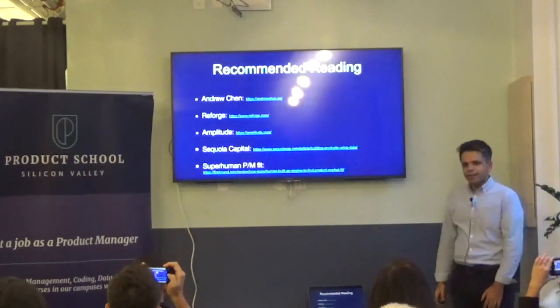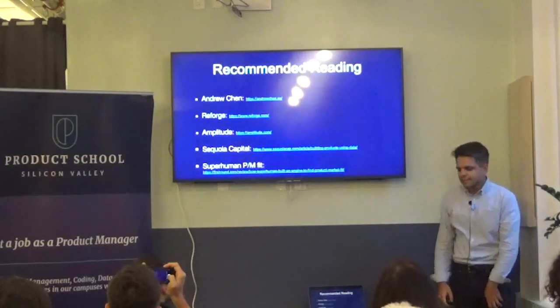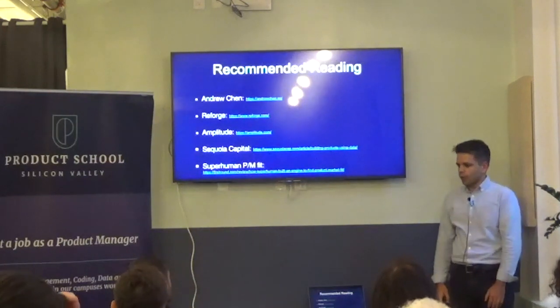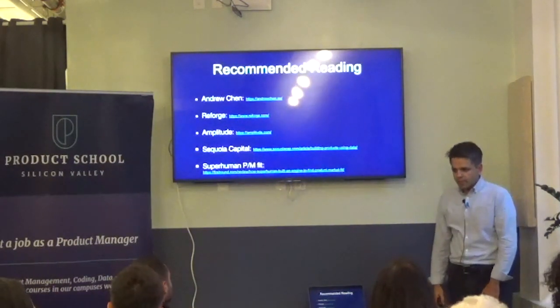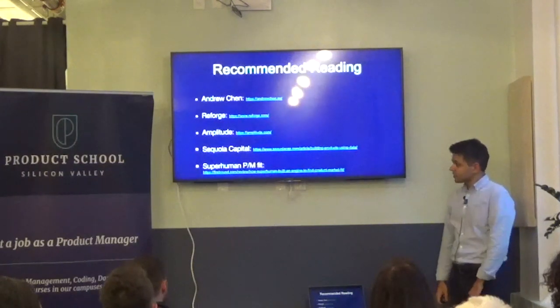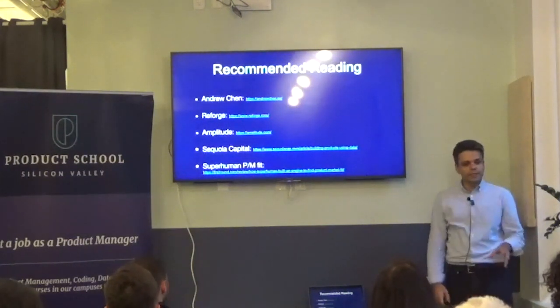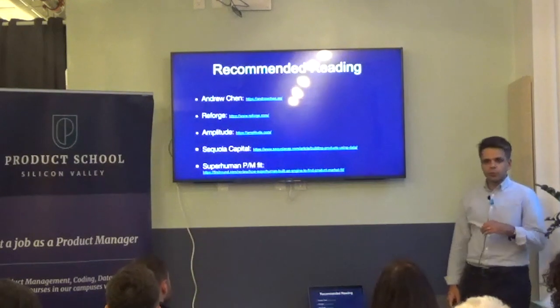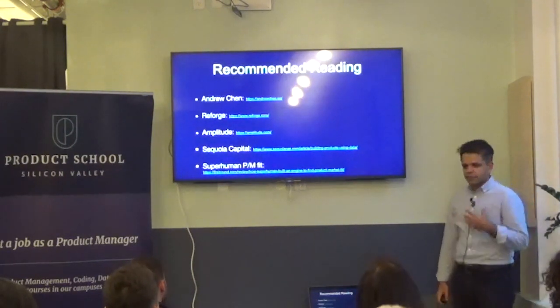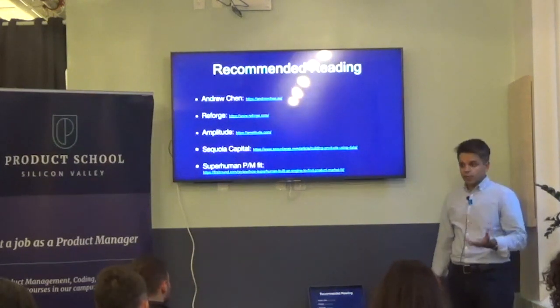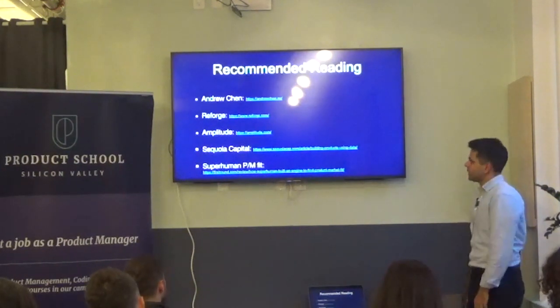Reforge is a blog run by a couple of guys. I think they used to do roles like growth at Pinterest and things like that, but they have a really good series on retention. Amplitude is the product analytics software we use to calculate retention in our app. Big fan of theirs. They do a lot of good writing as well, and you can use their demo app.